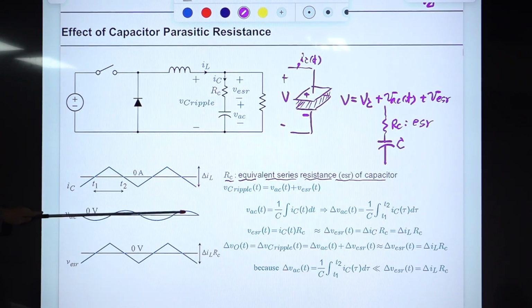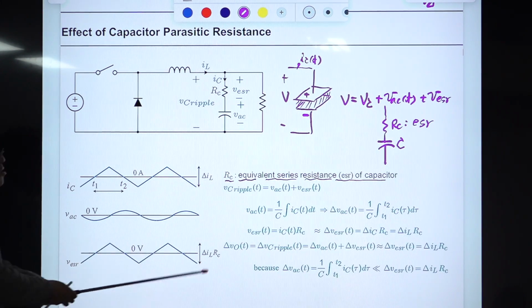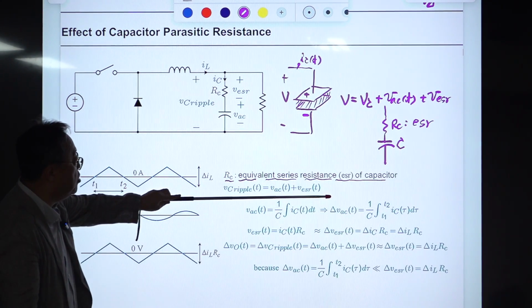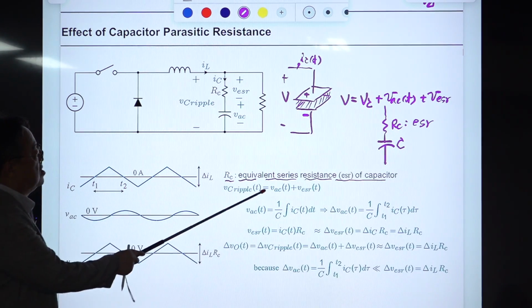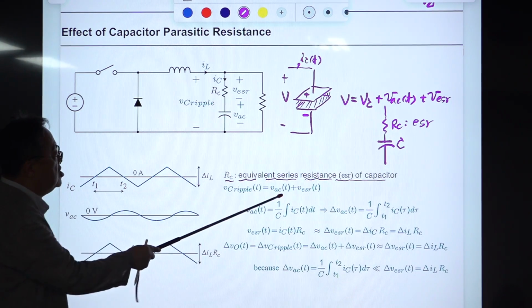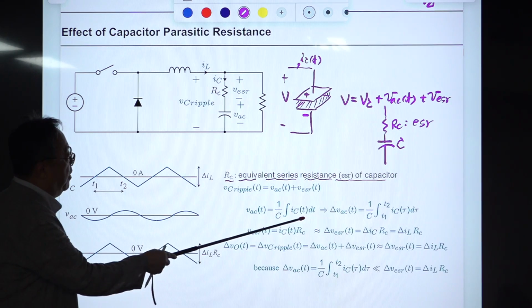So we have this sinusoidal AC component, and we have this triangular waveform of AC component, and the total VC ripple is the summation of these two components. So it's shown here, VC ripple, which is this plus this one generated by this capacitor.